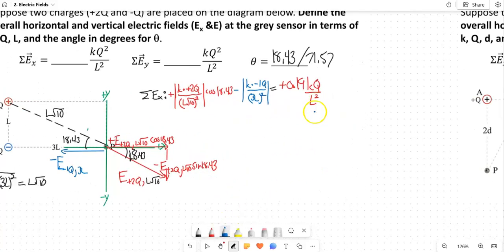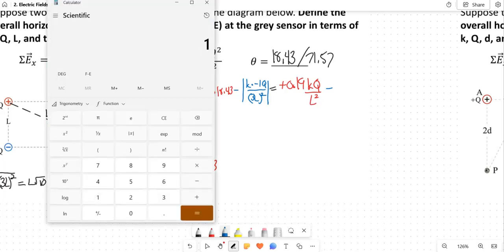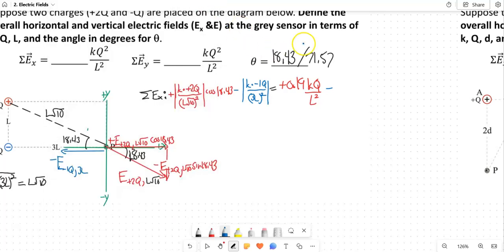And this is going to be minus 1/9, so 1 divided by 9, 0.111. So that's 1 over 9L squared, which is 0.11 kq over L squared.